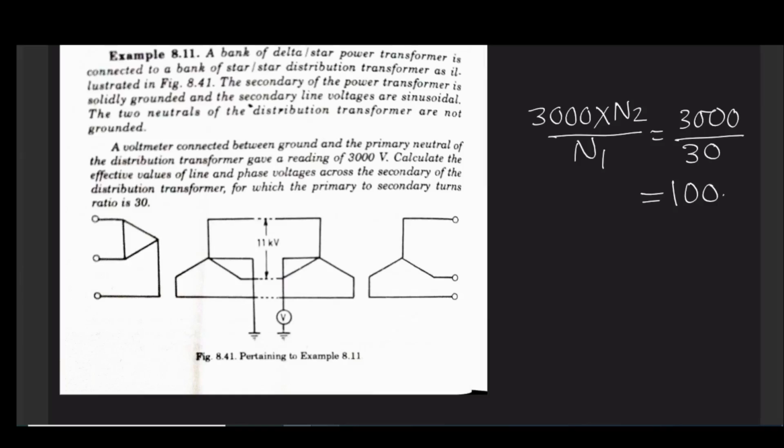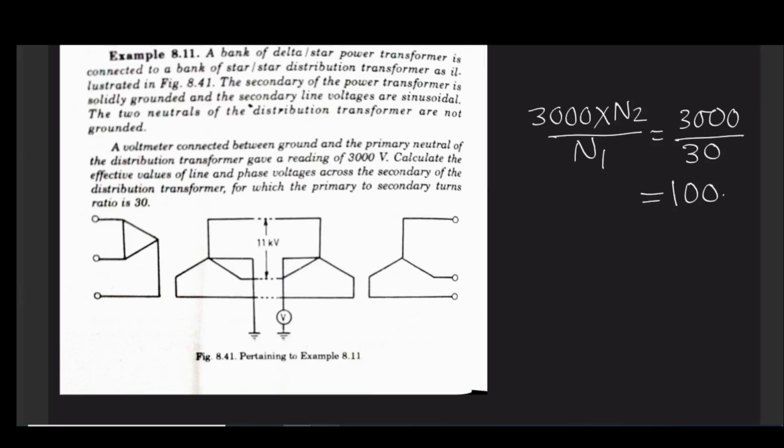For the distribution transformer, the fundamental component of primary phase voltage, because line voltage has to be constant, you can consider that line voltage is free of third harmonic voltage.